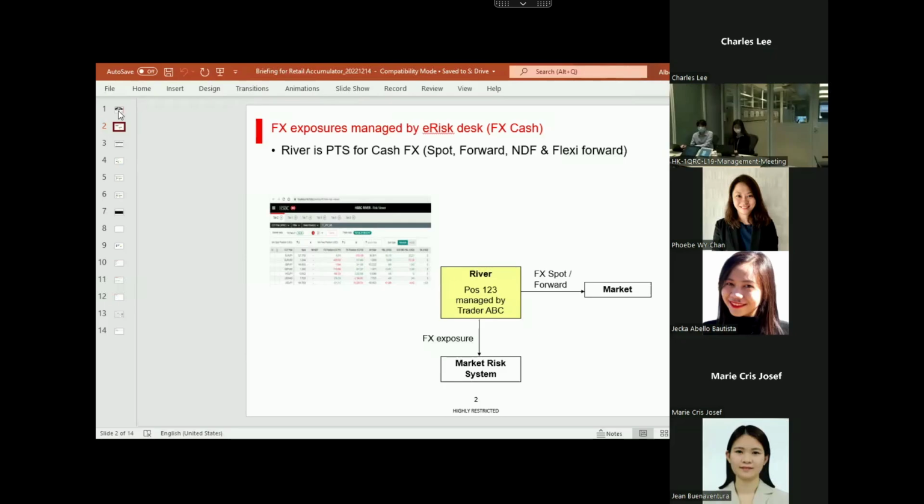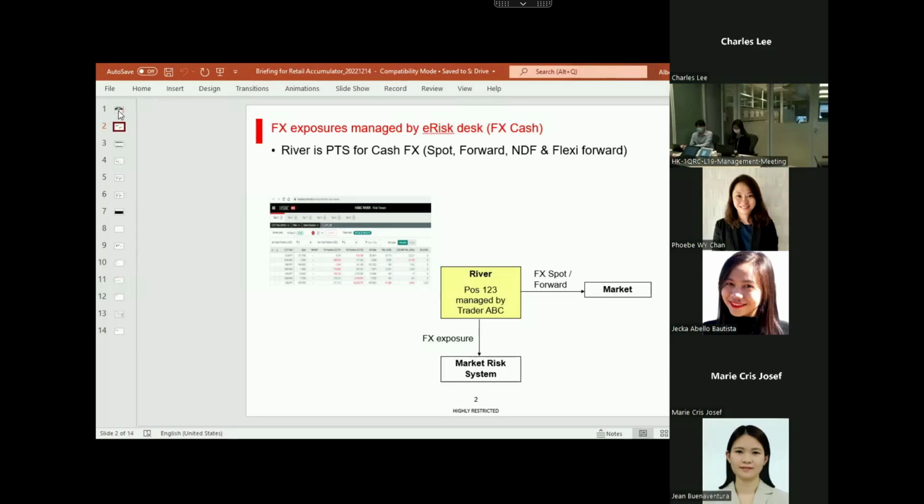In Hong Kong, we have a system or screen called retail accumulator, which is essentially a representation of the overall FX exposure of the bank. Anything that is not managed by MSS is reflected in the retail accumulator.